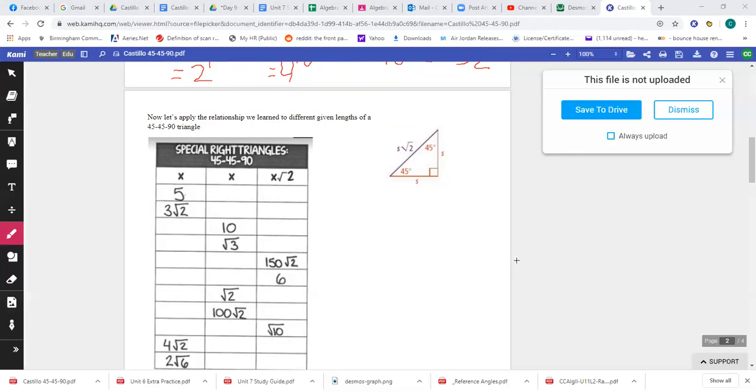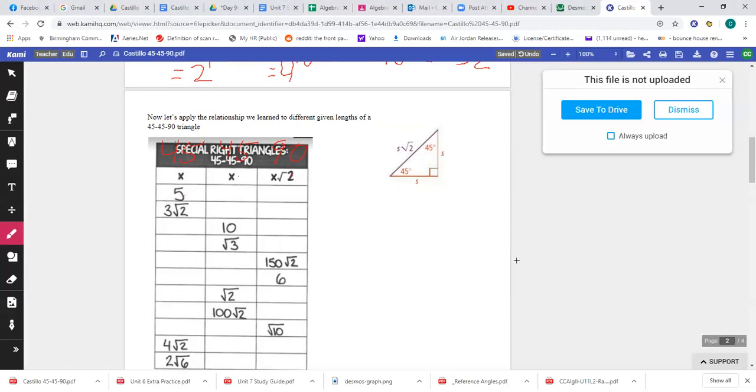So let's say this is 45, 45, and 90. And so here's the relationship: x, x, x root 2. The two legs are always the same here, and then I just multiply by root 2 to get the hypotenuse.